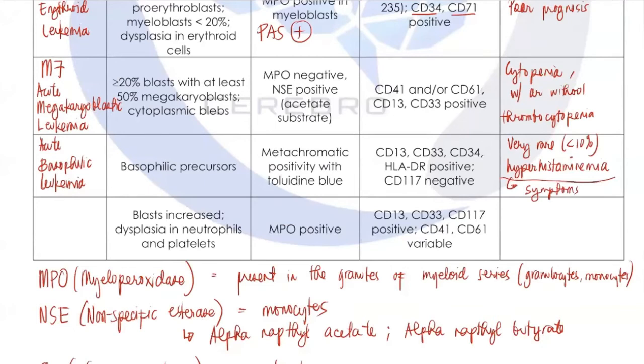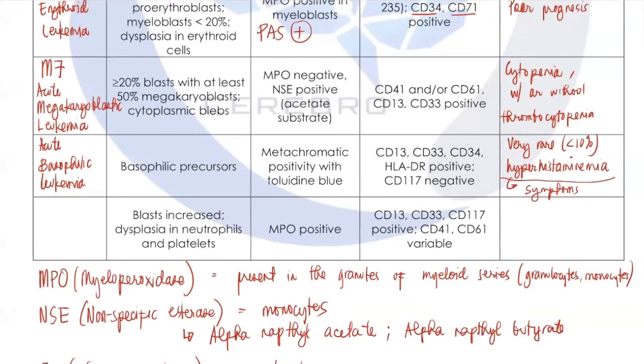So alam naman natin yung effect ng histamine, the very reaction that we are feeling or seeing in a person na nagkakaroon ng anaphylactic or allergic reaction. That is basically the symptoms seen in cases of acute basophilic leukemia.